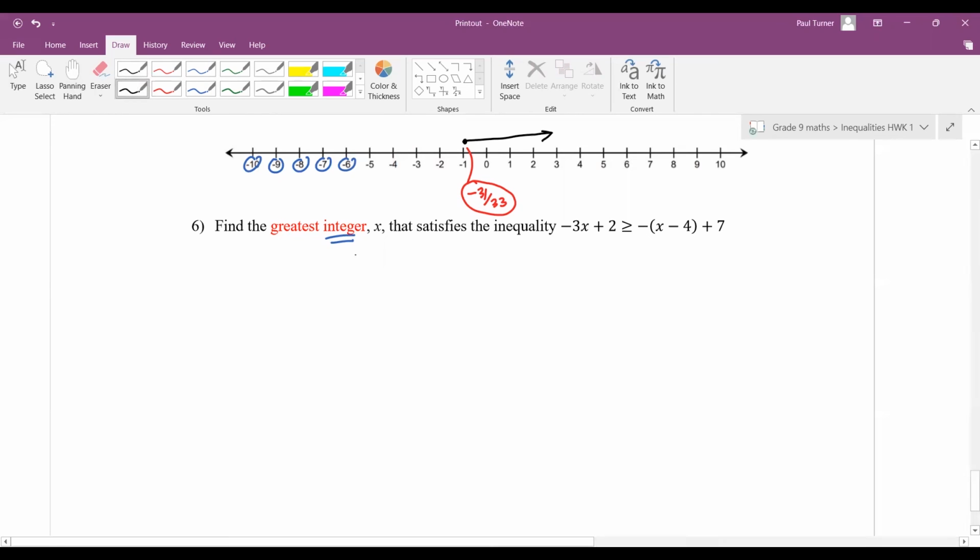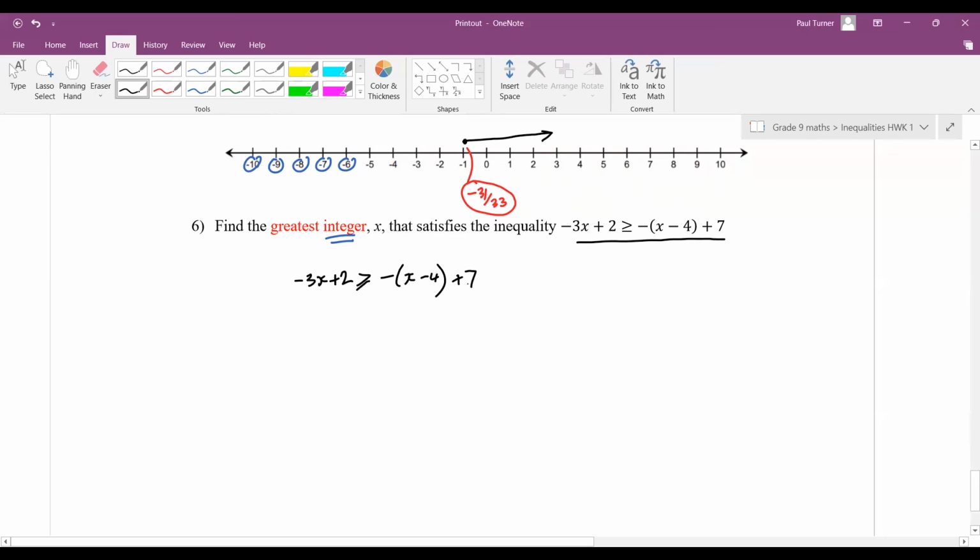So we want to find the greatest integer, x, that satisfies this inequality. Any kind of question like this, you're going to need to simplify this inequality first, and then we can answer the question. So let's write it again. Negative 3x plus 2 is greater than or equal to negative x minus 4 plus 7.